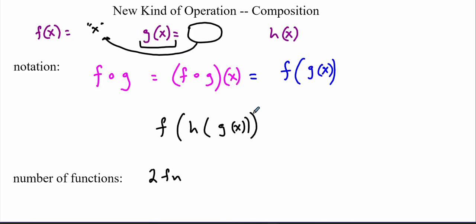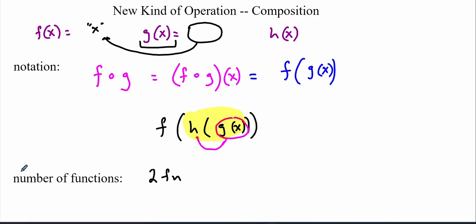The idea here is I'm going to take the G function and plug it into the H function. Notice how normally it's just H of X, but instead of X, I have an expression. And then that whole thing, whatever this works out to be, I plug into the F function and simplify.